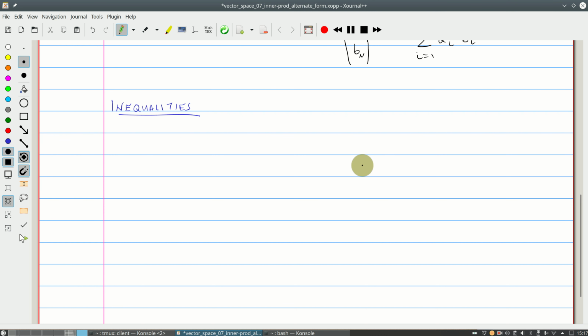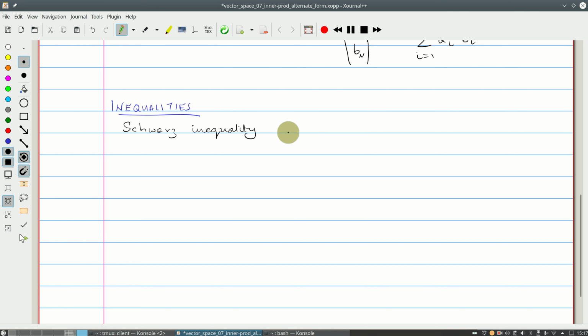Okay, the first of these inequalities is called the Schwarz inequality.